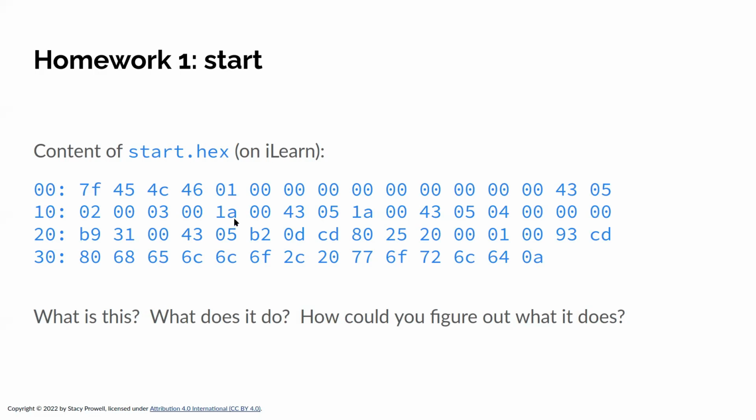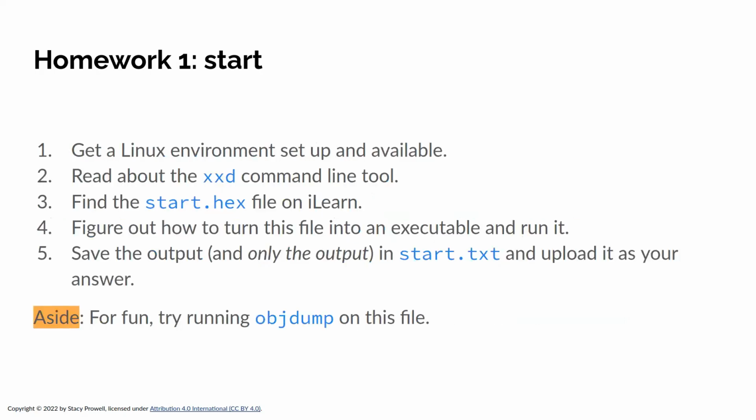So what is this? And what does it do? And how could you figure it out? Well, I'll give you a strong hint. Be sure you get your Linux environment up and available, and then go and read about this command right here, xxd. So xxd is a command line tool you should know about. Super useful.